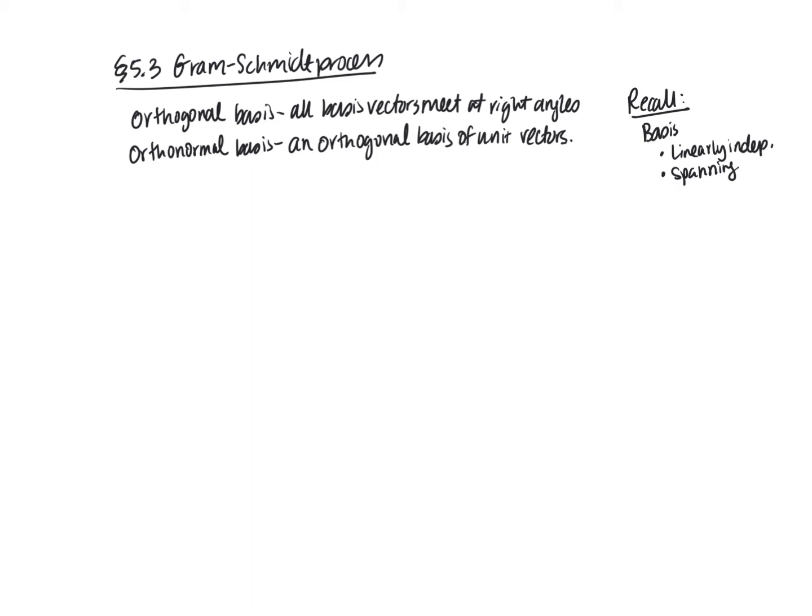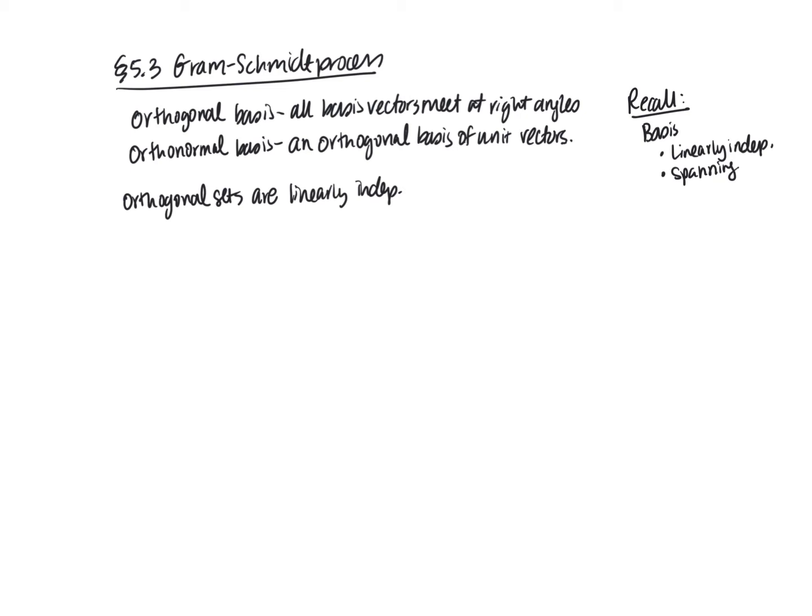We had a theorem that said if a set is orthogonal, we automatically get linearly independent. So we don't have to check linear independence if we have an orthogonal basis. Let me just write that down. Orthogonal sets are linearly independent. That's another of the upsides of having an orthogonal basis: you know that the vectors are going to be linearly independent.